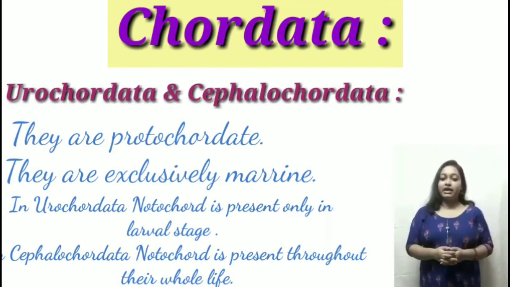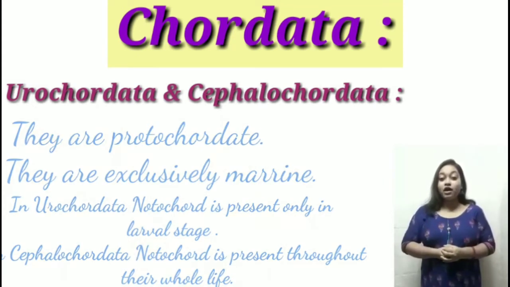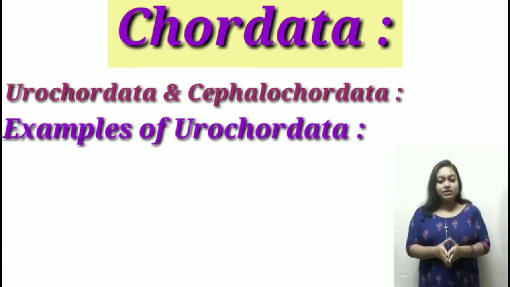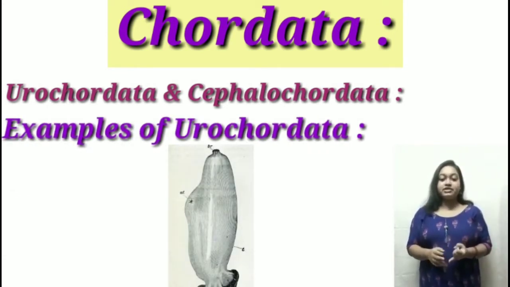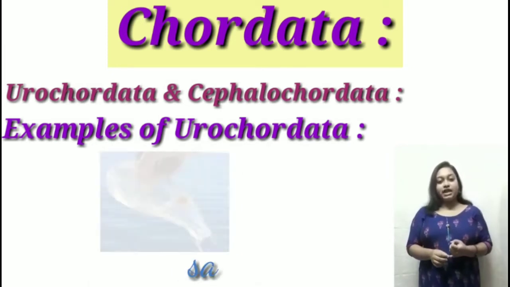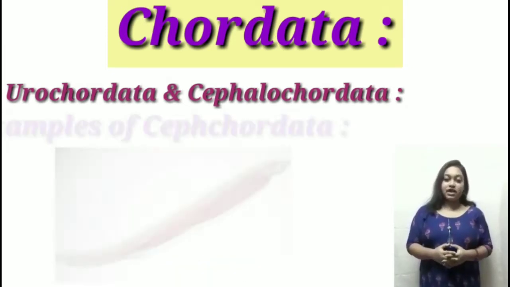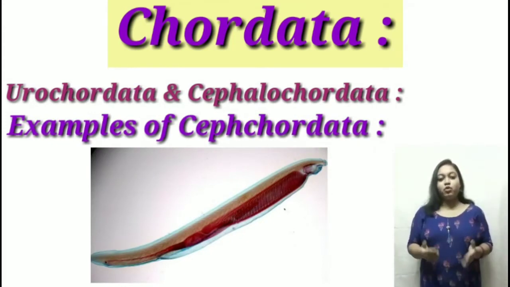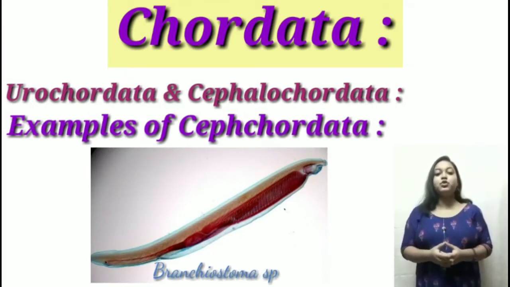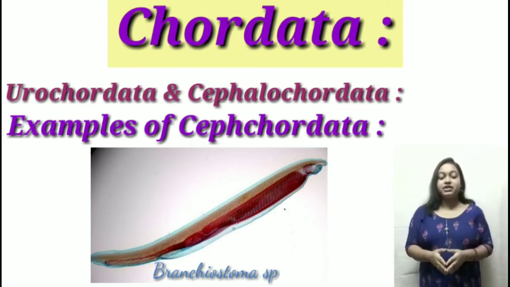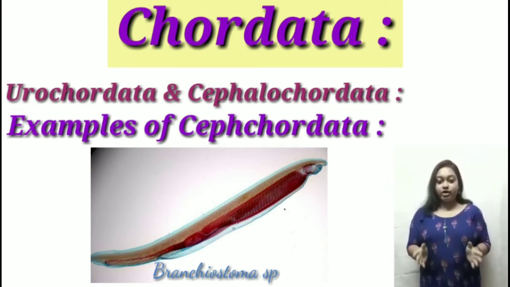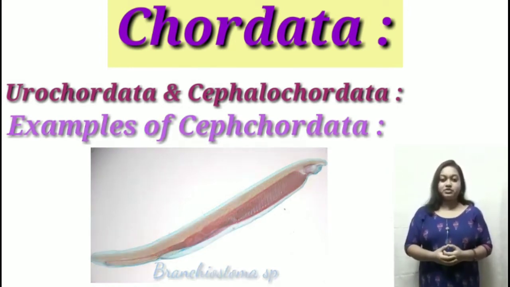Then we come to the examples. The examples of Urochordata are Ascidia sp and Salpa sp, and for Cephalochordata there is one example we know, that is Amphioxus. The scientific name of Amphioxus is Branchiostoma sp.